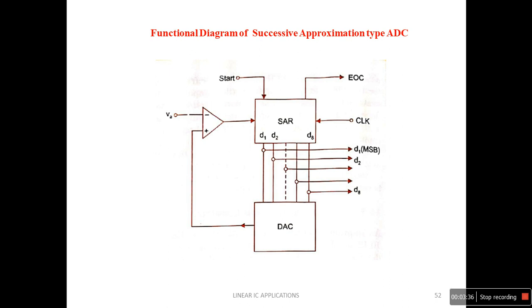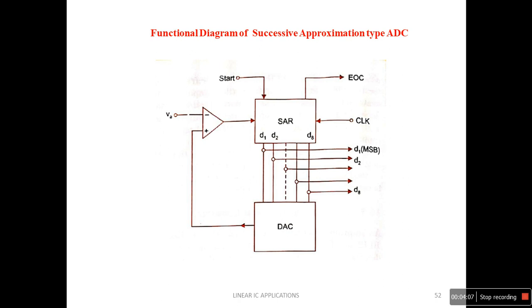Here we have the 8-bit latch. A latch is nothing but a register used to store 1 bit; it is a flip-flop which can store 1 bit of data. So at the end of the conversion, the 8-bit latch holds the resultant digital output. Whenever it becomes equal to the analog input voltage, whatever the digital value is, it is held by the latch register.